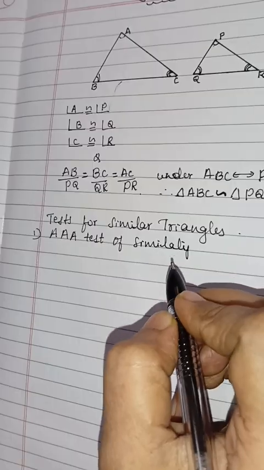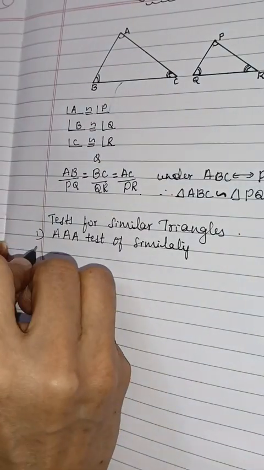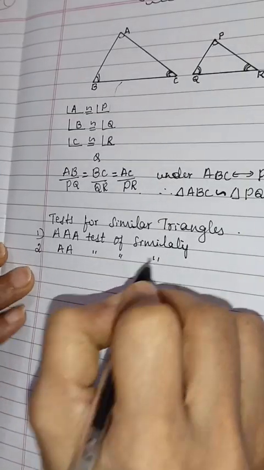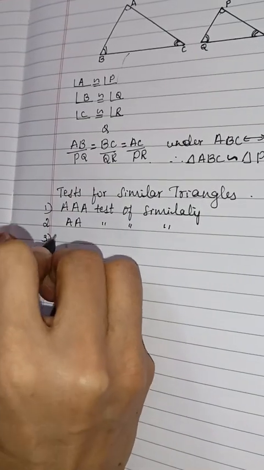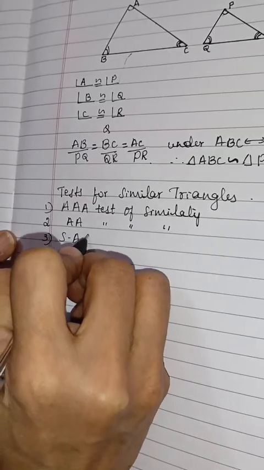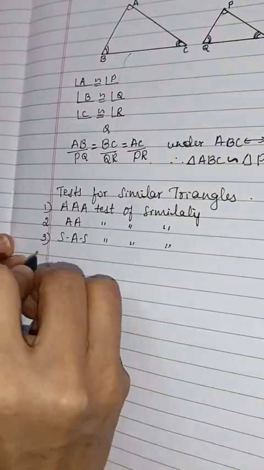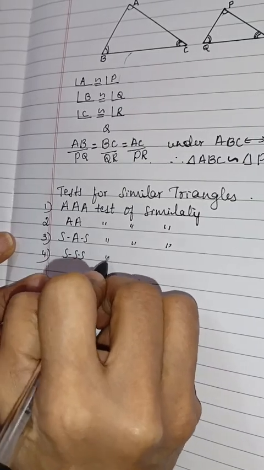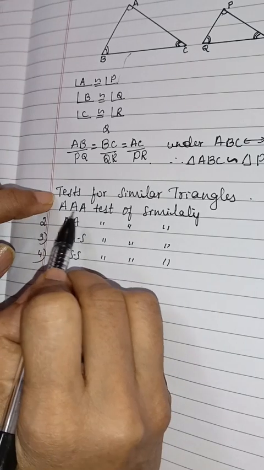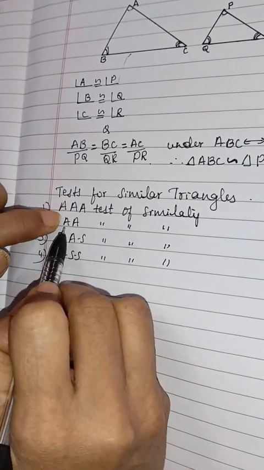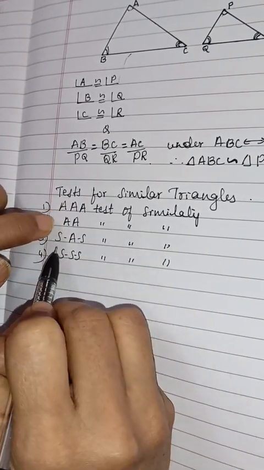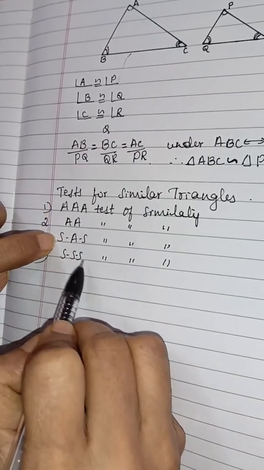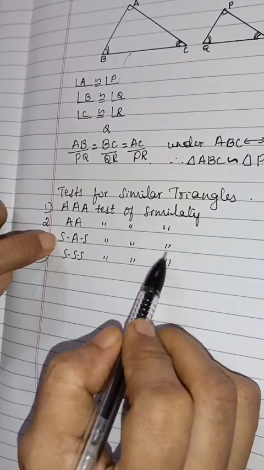Second one is the AA test of similarity. Third one is the SAS test of similarity. Fourth one is the SSS test of similarity. Here A means angle, so the first is the angle test of similarity, third is the side test, and fourth is the side-angle test.